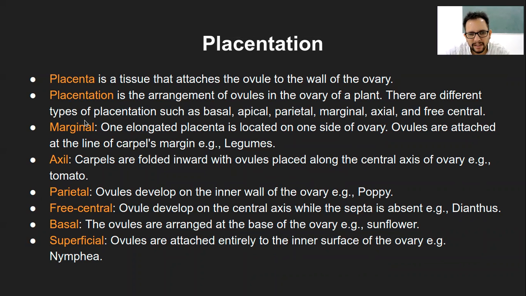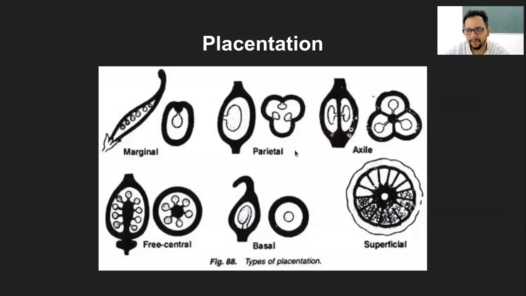Now, without going into these descriptions, I will directly show you. Marginal means they are attached to the margin of the ovary, which ultimately becomes the fruit. In this case, this is a pod, which is again a fruit. So along the margin, you can see.